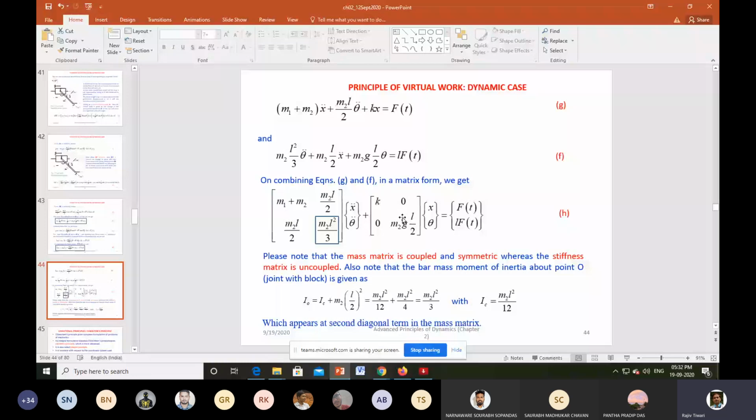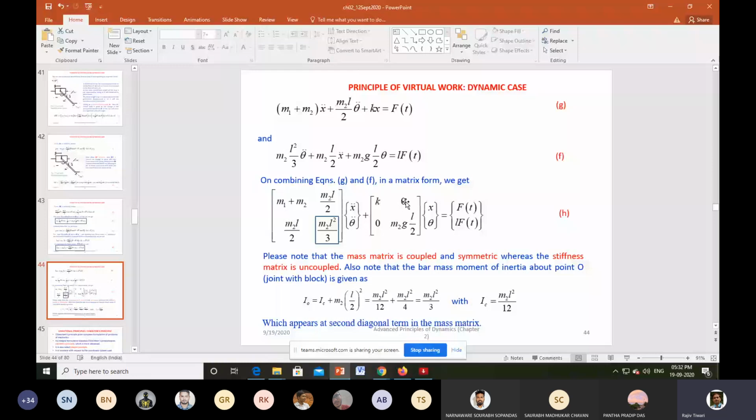Okay, so we'll always finally be writing the equation of motion in matrix form. There are some properties of this kind of equation you can see. The mass matrix is symmetric. The off diagonal terms are the same. The stiffness matrix is also symmetric. Off diagonals are 0, but they are the same.